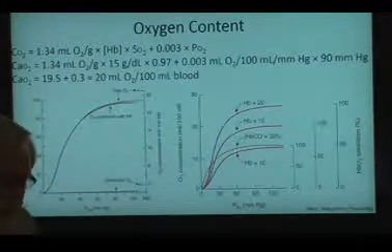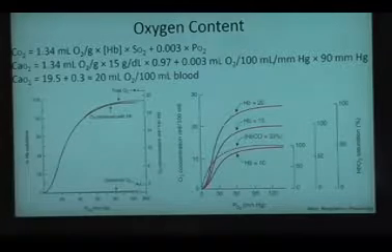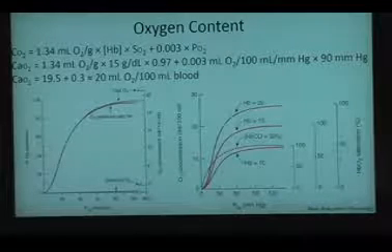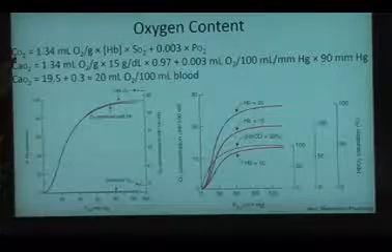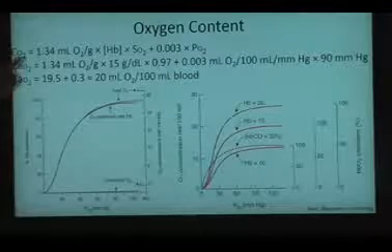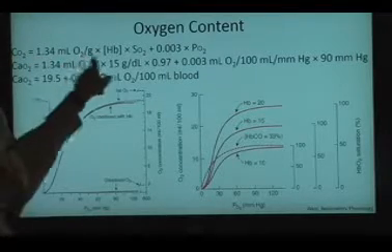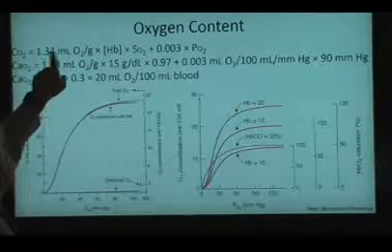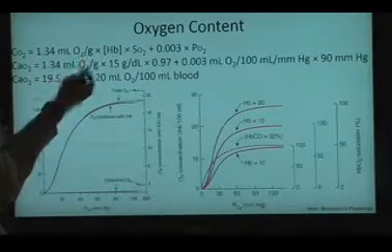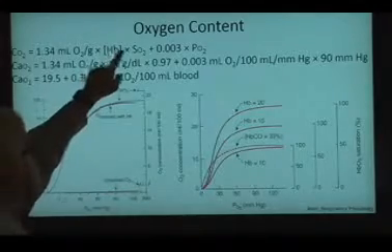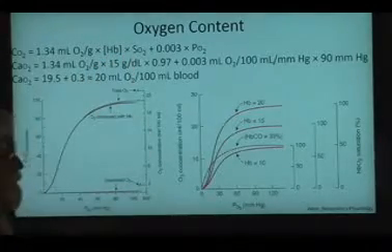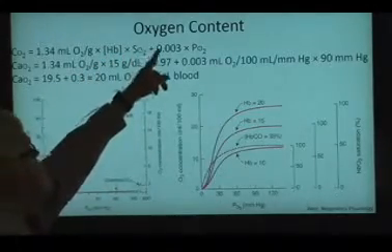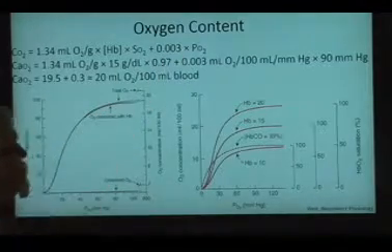So oxygen content puts together PO2 and oxygen saturation. Oxygen content is determined by how much oxygen binds onto the hemoglobin, which is 1.34 milliliters of oxygen per gram of hemoglobin, times the hemoglobin concentration times the oxygen saturation, plus the solubility coefficient times the PO2.